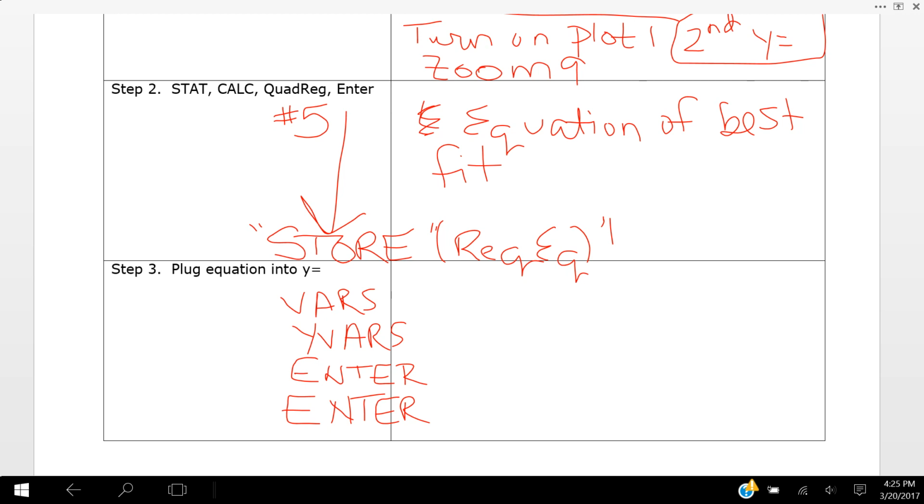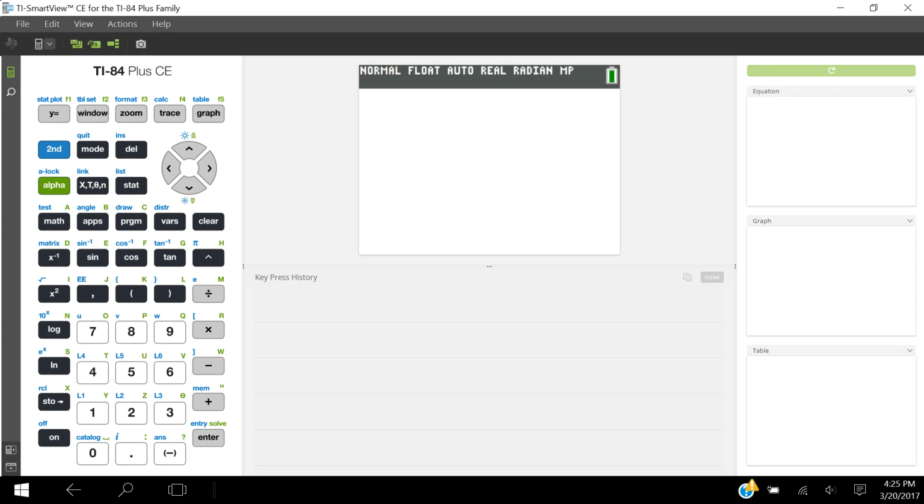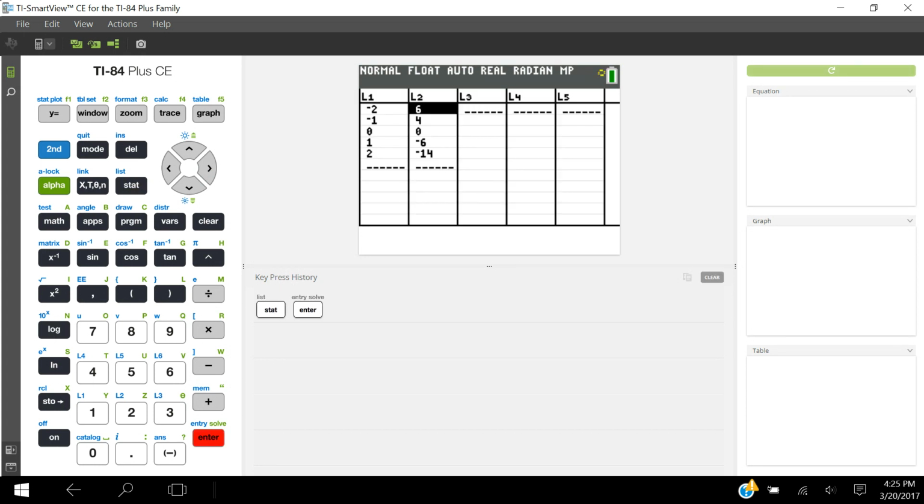So with that being said, let's look at our calculator. Now I've got some data in my calculator that I already had in there. And so if I go to stat edit, I have these points already in. If you want to turn on your calculator and put those in and follow along, that would be great.